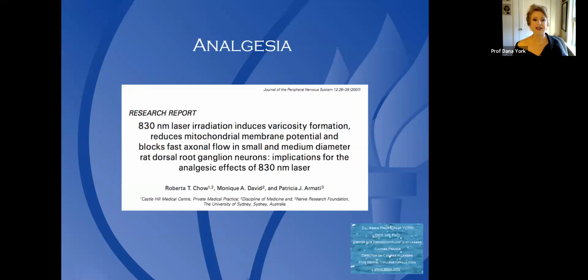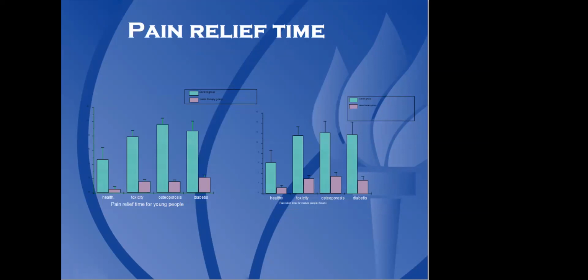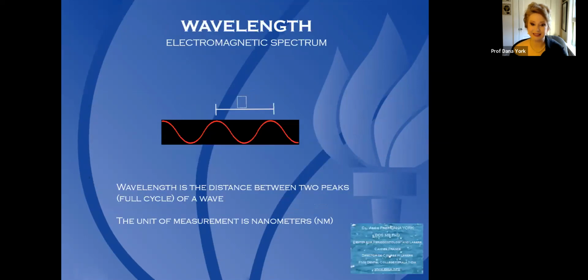Analgesia, there is a study, 630 nanometers induces fast axon flow to the dorsal ganglion. For that, we have this spinal cord treatment because it's at a distance. So we have effect here. Pain relief, we also found, in the benefit of the patient, of the status of health.